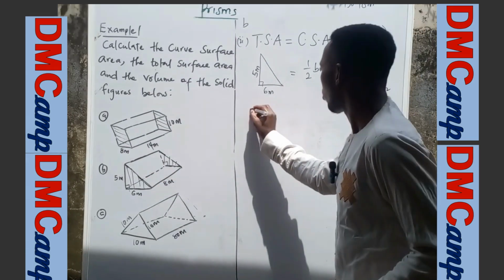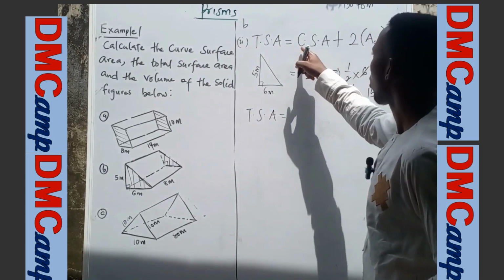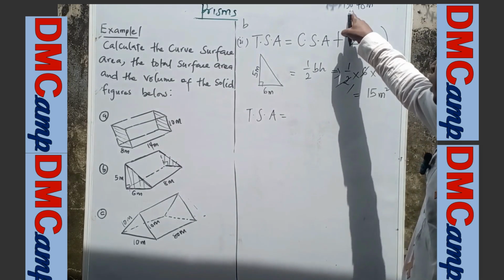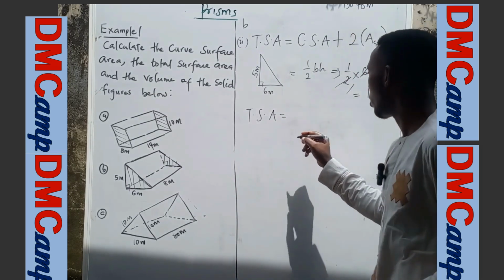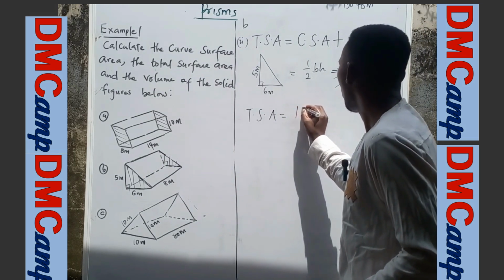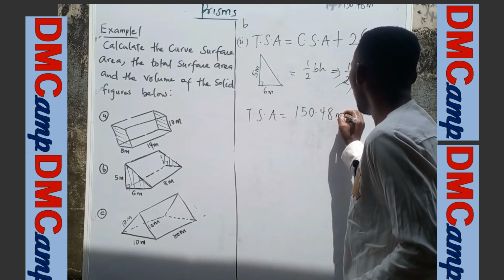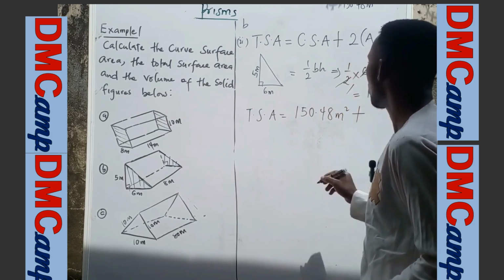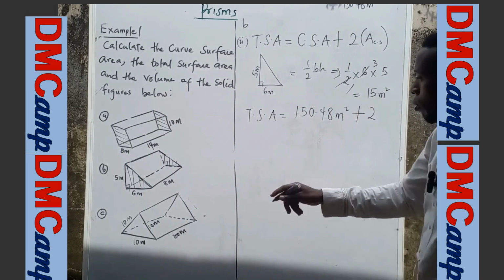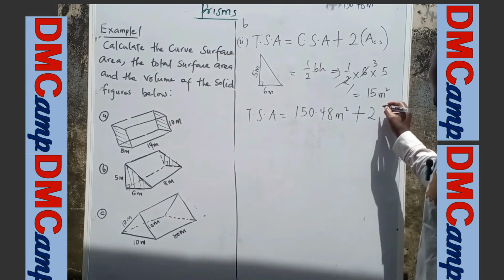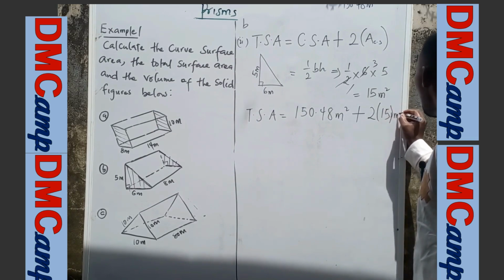So total surface area is equal to curved surface area. We've gotten that to be 150.48 meter square plus two of this area, this and this, 2 of 15 meter square.